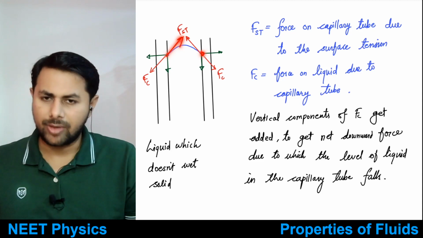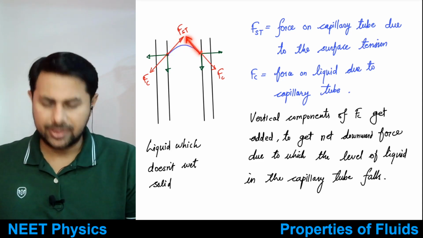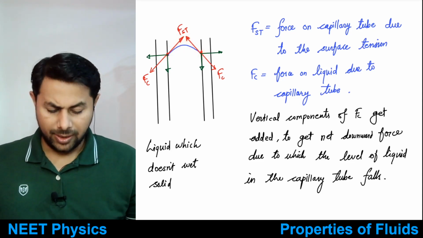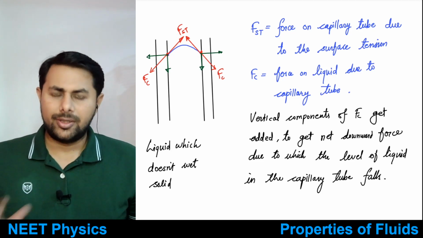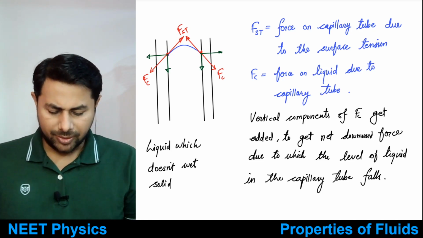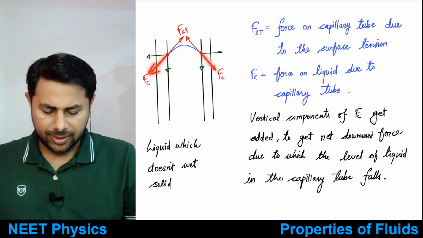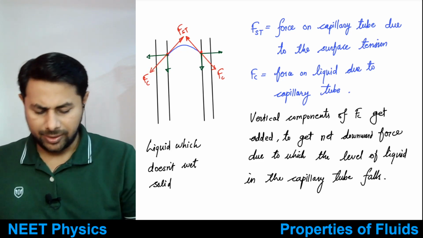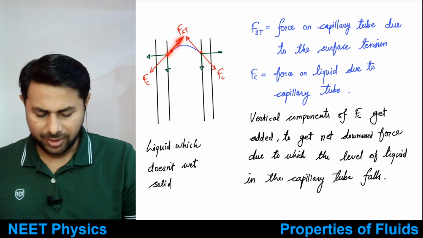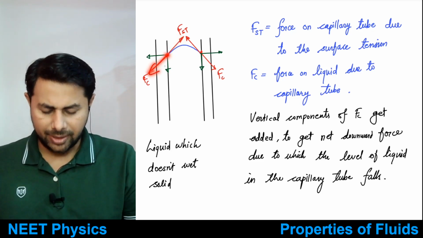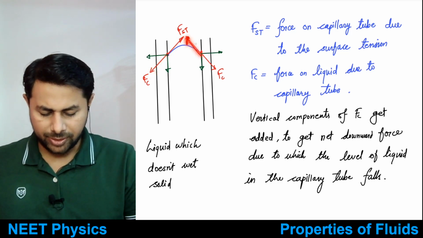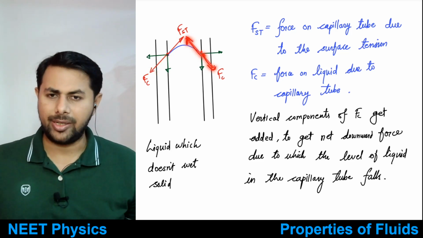Force on this molecule of solid will be in this direction. Then the capillary tube also exerts equal and opposite force, but that will be in this direction now. For this force due to the liquid, the force due to the capillary would be in this direction. For this force, the force due to capillary would be in this direction.